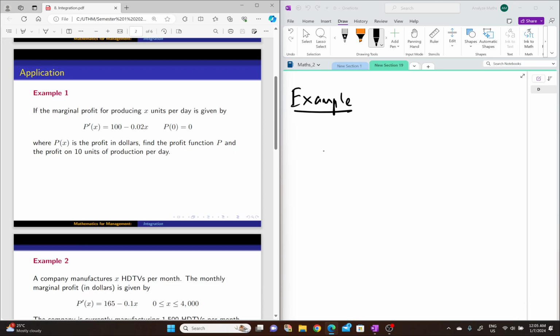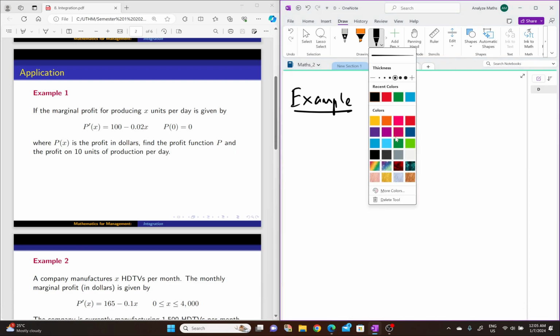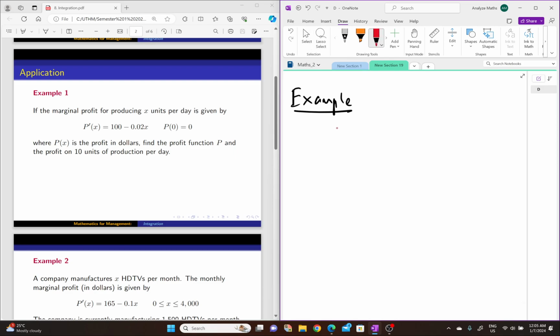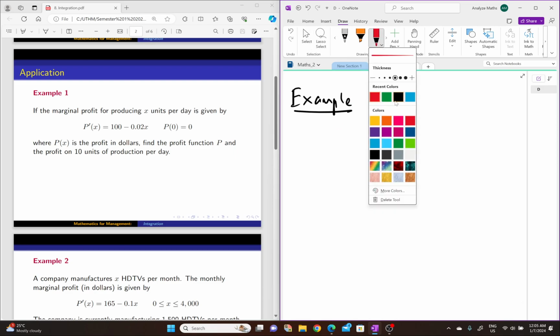As I told you just now, integration is a reverse process. This is example 1, basically example 1.